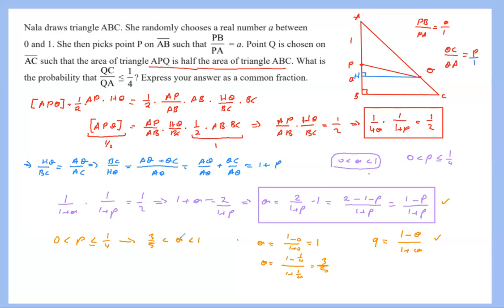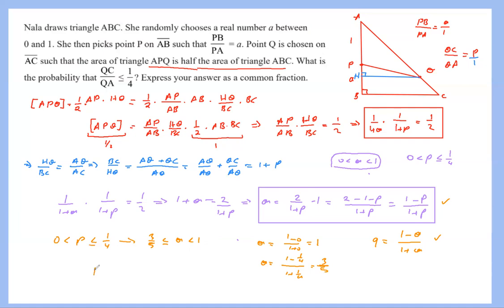We cannot choose something less than 3 over 5, because if you choose something less than 3 over 5, your p will not be less than 1/4, which doesn't work for that restriction. So we should take the a between these two. Okay, this is also nicer.